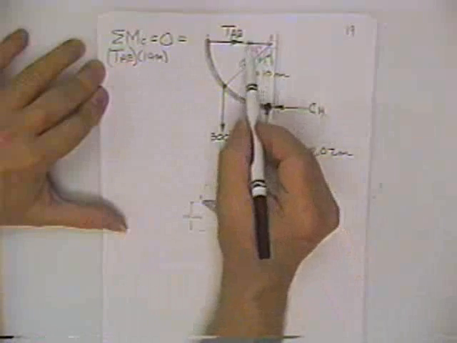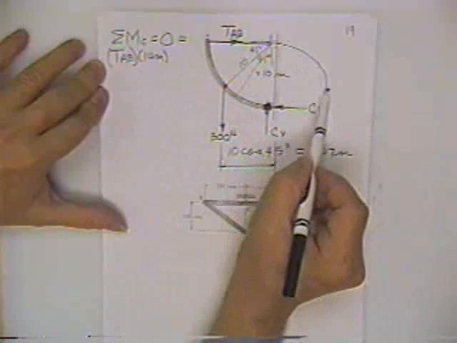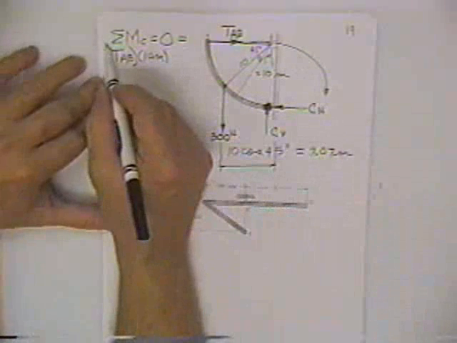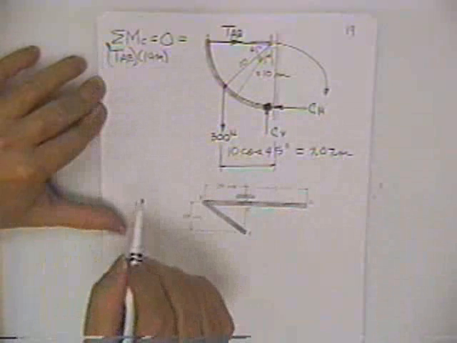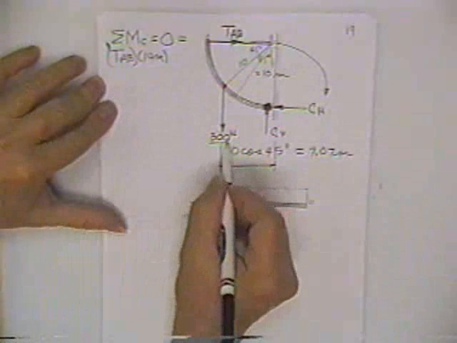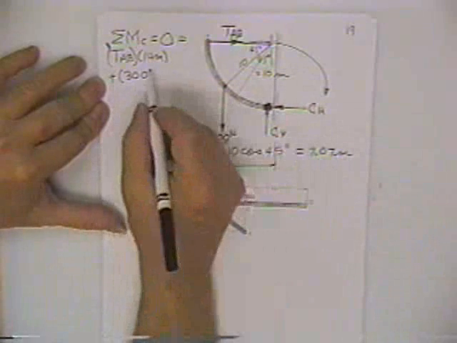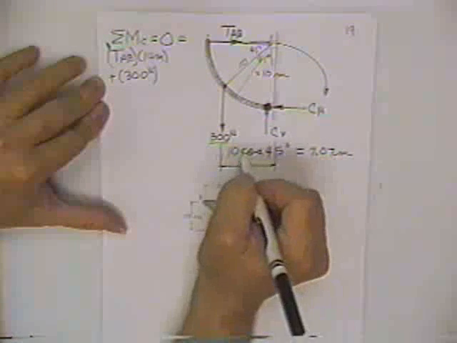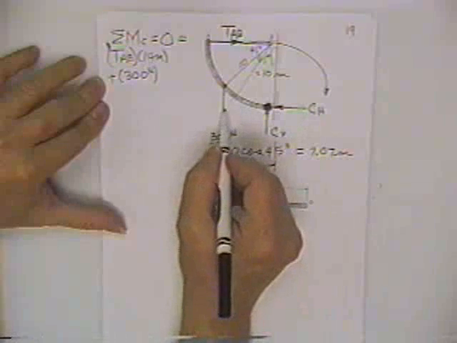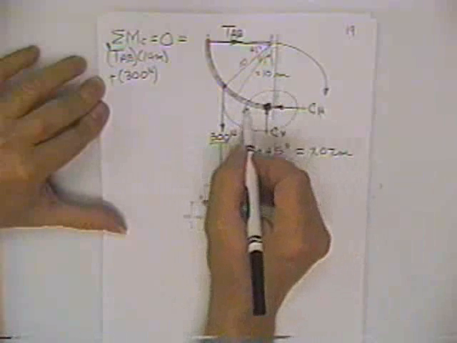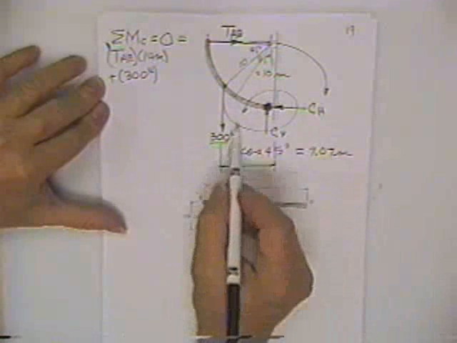His tendency to roll about point C, were he to get away from me, would be this direction. That's a negative tendency to roll. Then we have plus a 300 Newton weight, and I say plus because were it to get away from me, it's going to go this way.